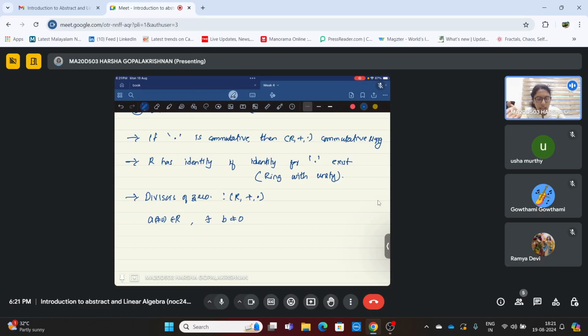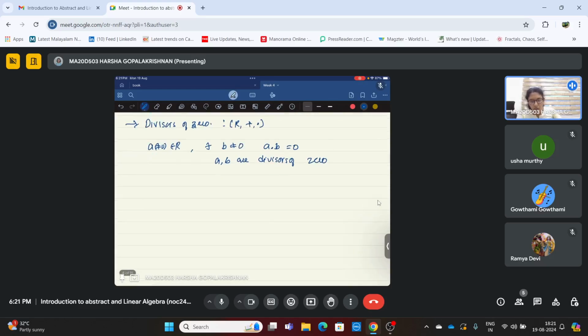If A is in R and there exists a non-zero B such that A · B = 0, in that case we will say it has a divisor of 0. A and B are divisors of 0. When we go to the problems, these things will be more clear.